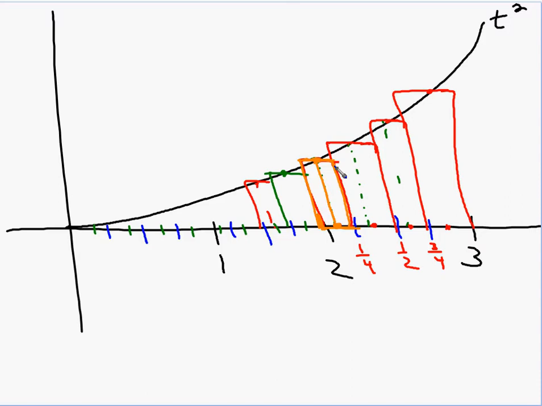Okay? So every rectangle has a width of 1/4. Every rectangle up here is going to be 1/4 units wide. But every rectangle is going to have a length that depends on what the function's doing right there.